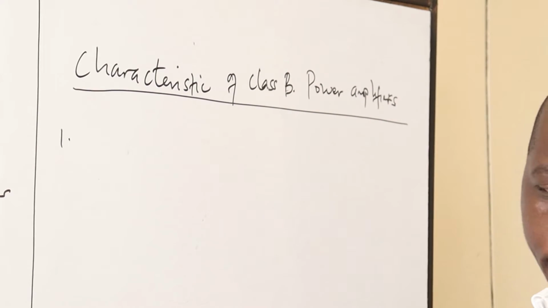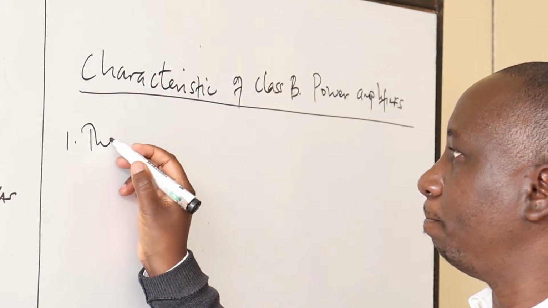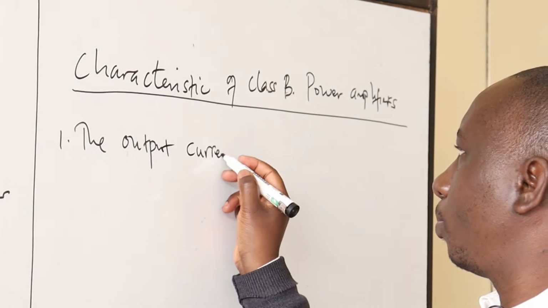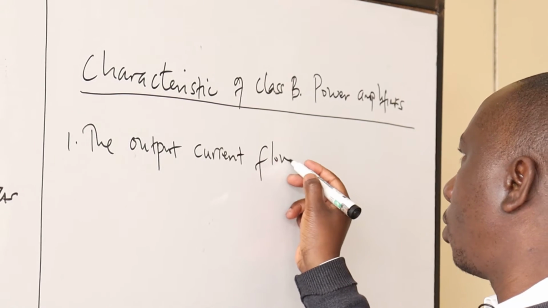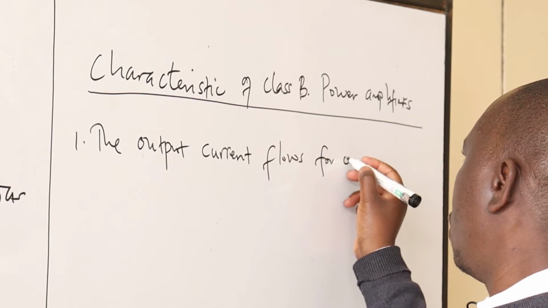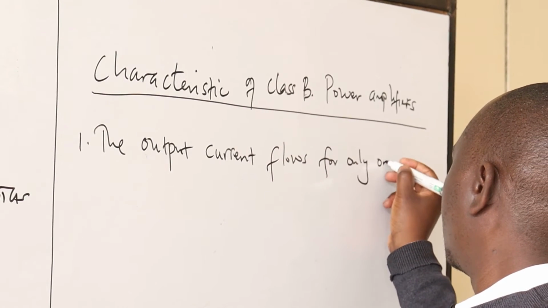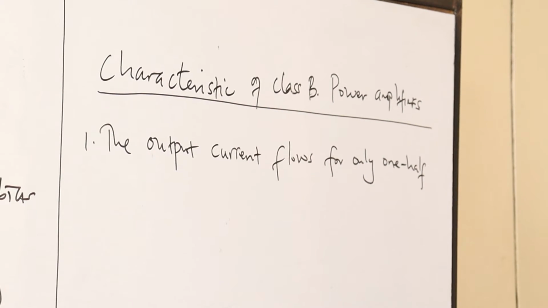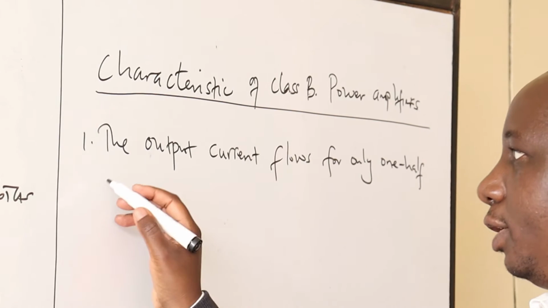The output current flows for only one half of the entire cycle.